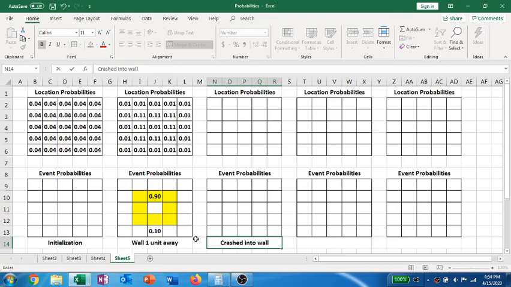So if we crash into a wall, that means we could be here, here, here, or here, right? We crash into a wall, so we could be in any of these spaces.